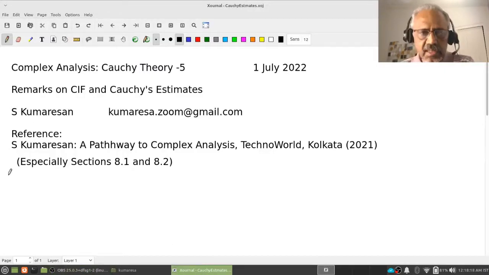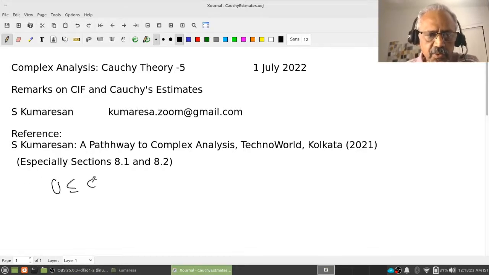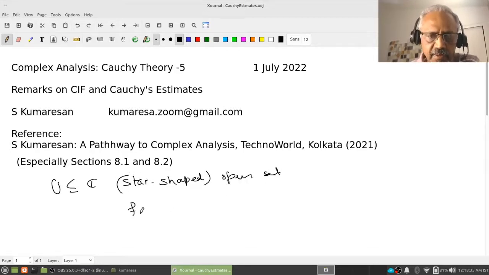So let us recall the Cauchy integral formula. U is a star-shaped open set. That's not actually needed. Open set, f from U to C, holomorphic.